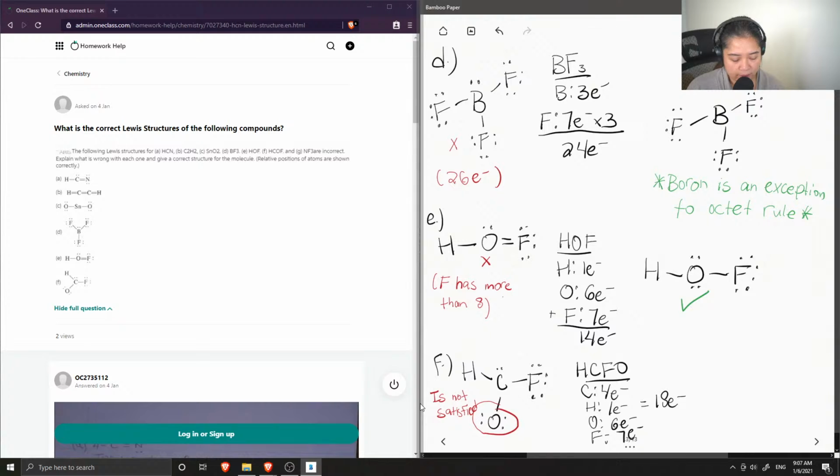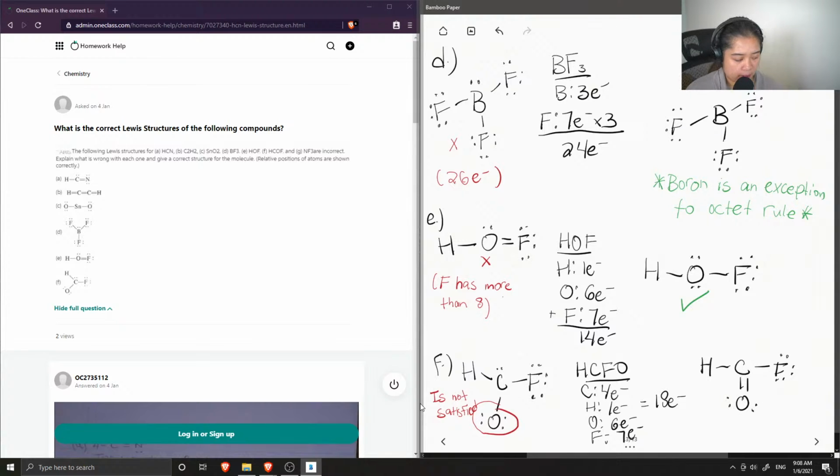So let's count out how many electrons are in the molecule. 1, 2, 3, 4, 5, 6, 7, 8, 9, 10, 11, 12, 13, 14, 15, 16, 17, 18. So there's still 18. But instead of the lone pair on the carbon, I'm going to convert it into another bond with oxygen to have a double bond.